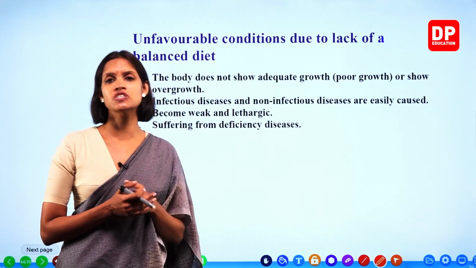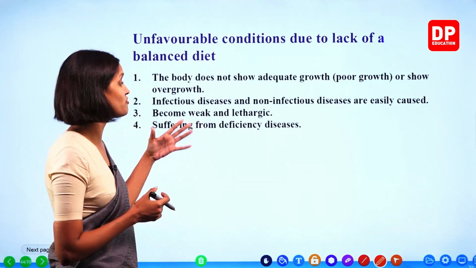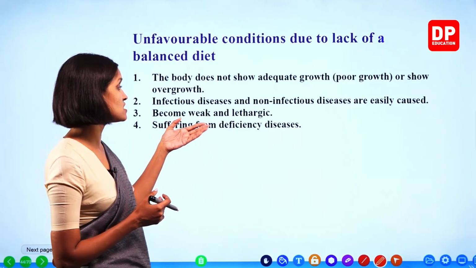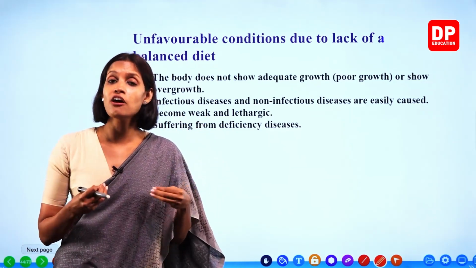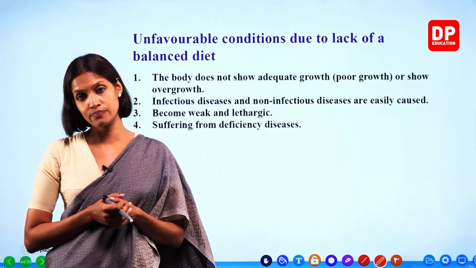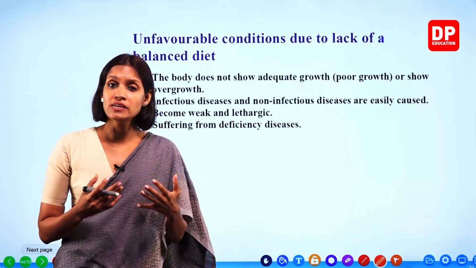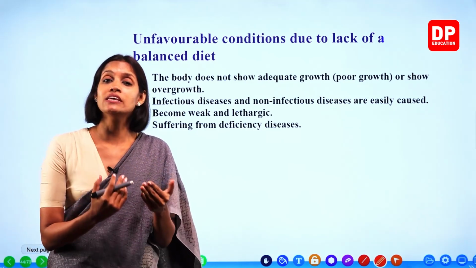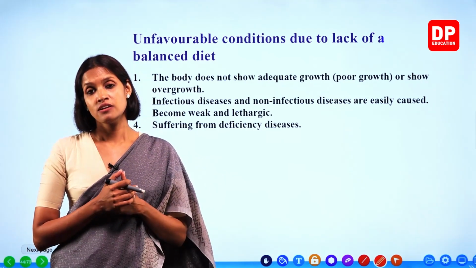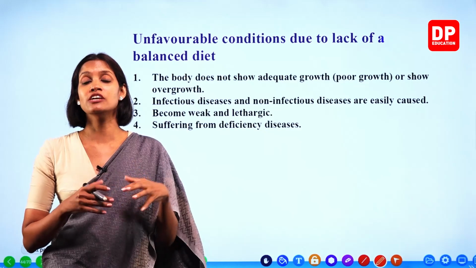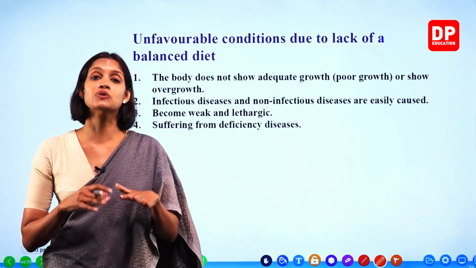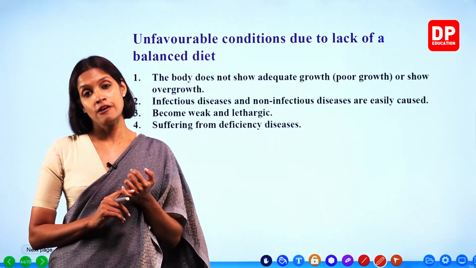So what are these deficiency diseases? There are a number of deficiency diseases. Deficiency diseases are caused due to lack of vitamins and minerals, children. Okay? Because of lack of iron, a deficiency disease called anemia is caused. Right? When your hemoglobin level in your blood extremely reduces, it causes anemia. Right?